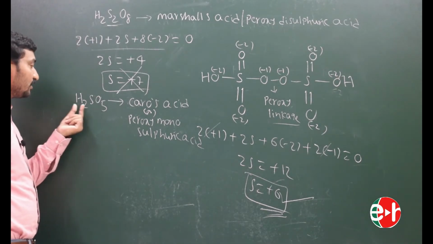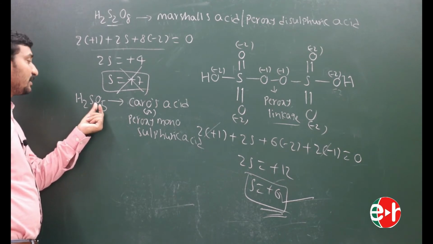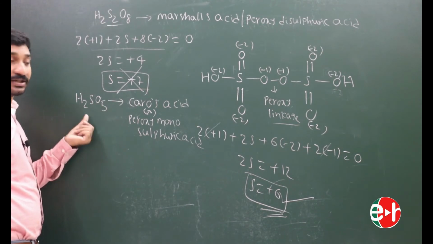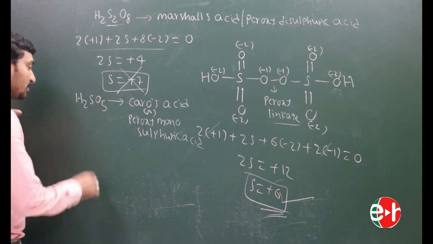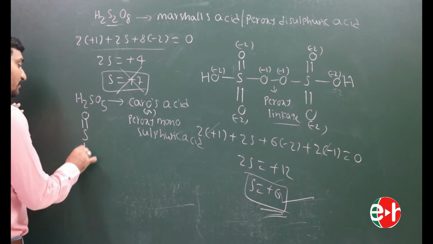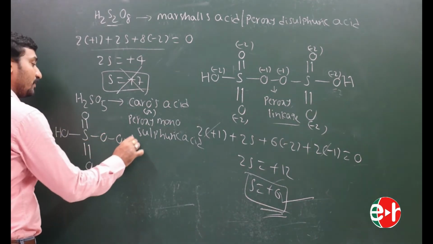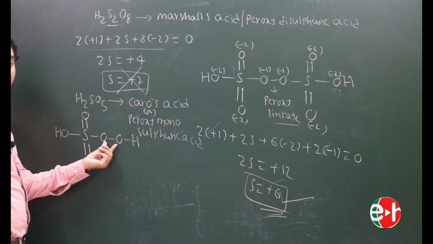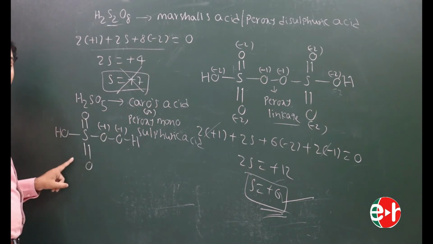Based on general calculation, 2 into +1 is +2, 5 into -2 is -10, -10 +2 is -8, then the sulfur oxidation state is +8, but +8 is not possible. Then based on the structure of H2SO5, if you observe, 2 oxygens again have a peroxy linkage, so these 2 oxygens are -1, the remaining 3 oxygens -2.